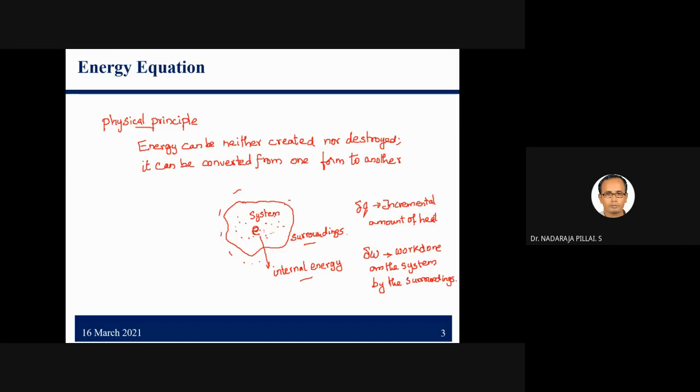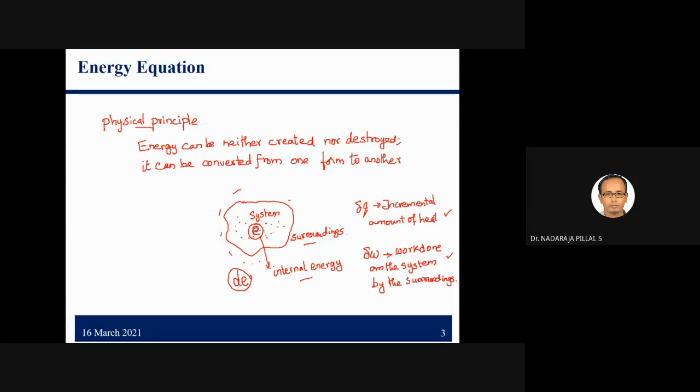Now let us say that both the heat and work done are forms of energy, right? When this is happening, the internal energy E also changes. So if the internal energy changes because of this process, we can say that dE is the change in internal energy.